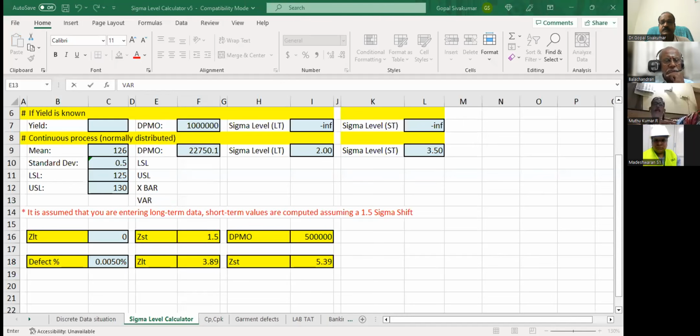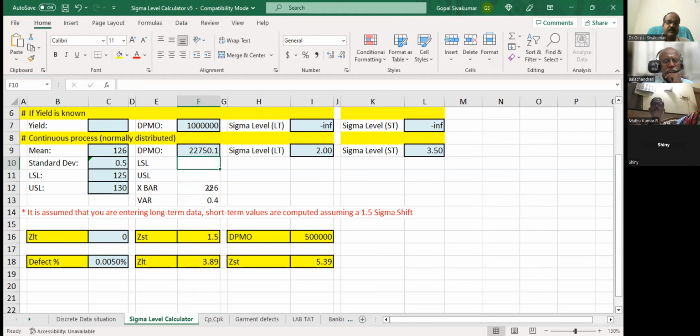Or I will just copy here. Average is 226. Very good. Thank you for the value, 226. And the variance is 0.4, right? 0.4. LSL is 225. USL is 230. But what is required for calculating sigma level is mean and standard deviation.